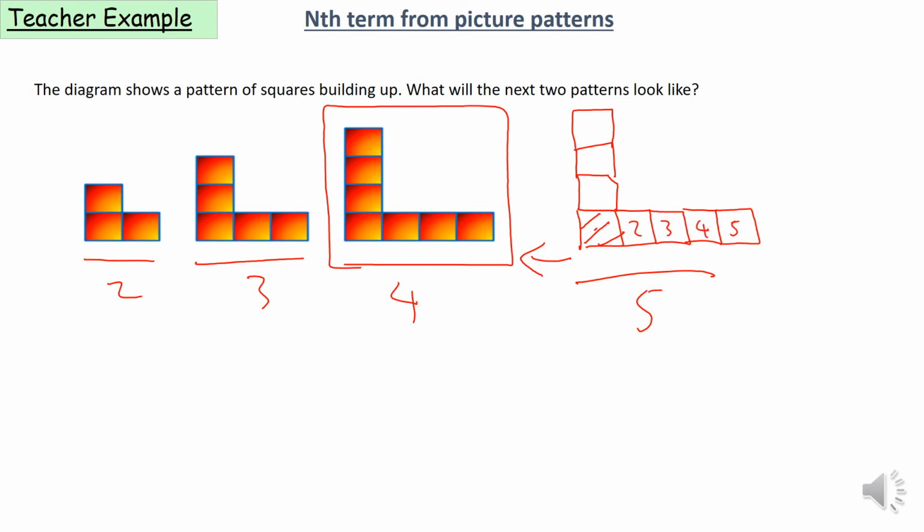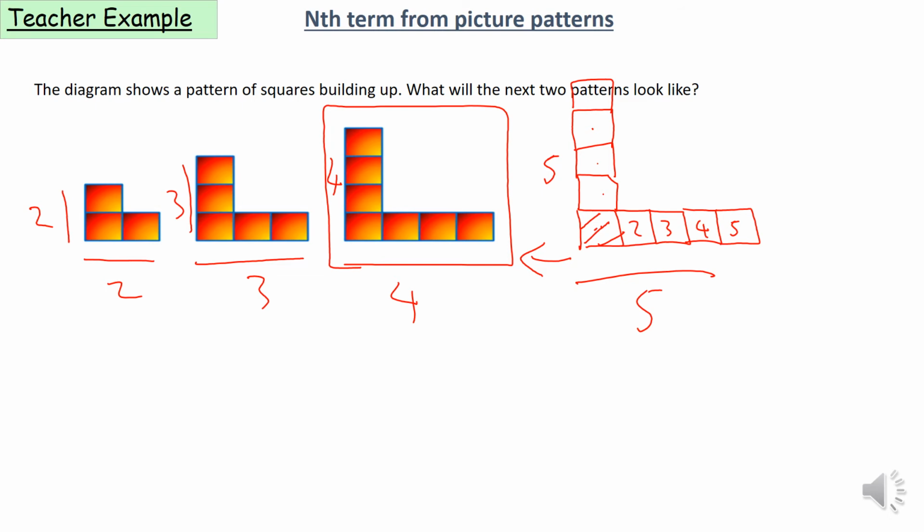And in the height, if you look at this one, I had 2, 3 and 4, so therefore for this one I will need 5. 1, 2, 3, 4 and 5. So that's how the next pattern would look.